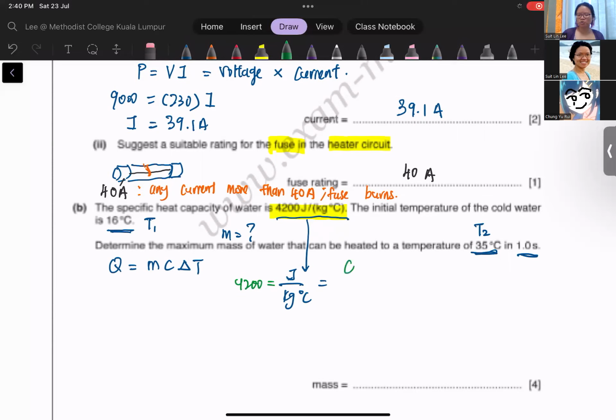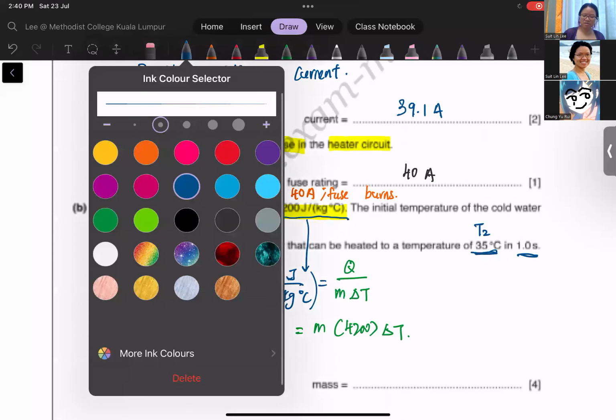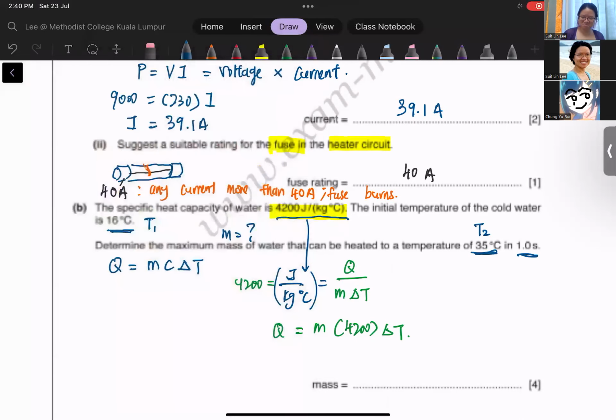So this one would be Q over M delta theta. So you bring this one up, Q will be equal to M 4200 delta theta. So you can always use the unit to help you remember the equation. I write them side by side, but the blue one you can also write. So you can write 4200 is Q over M delta theta. I prefer to write this way because it's linear, takes up less space in my question paper.